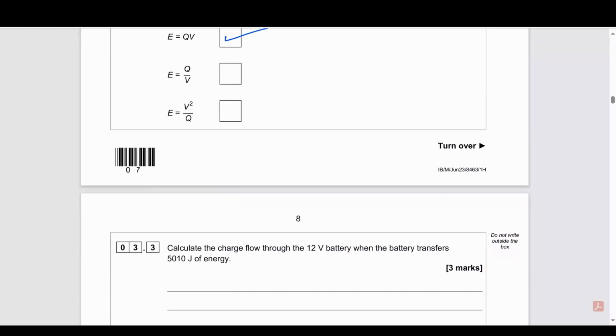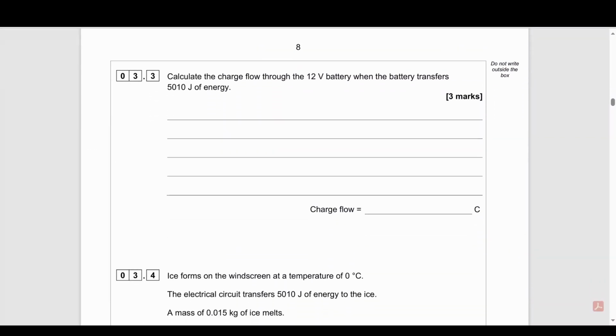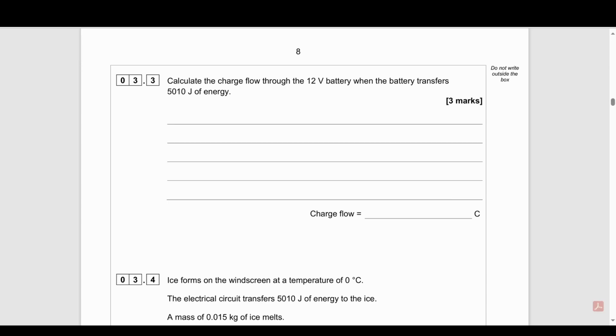3.3. Calculate the charge flow through the 12-volt battery when the battery transfers 5,010 joules of energy. So let's recall our equation again. Energy is equal to charge flow multiplied by potential difference. We need to calculate the charge flow. So that means that our 12 volts will be our potential difference.